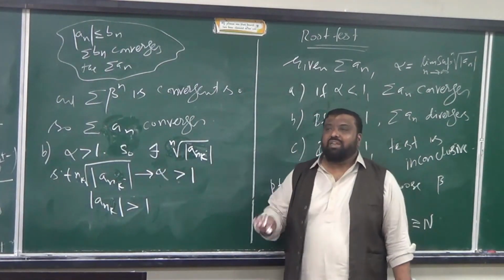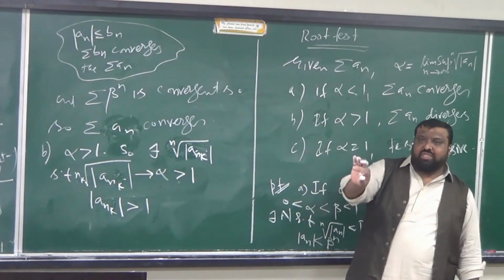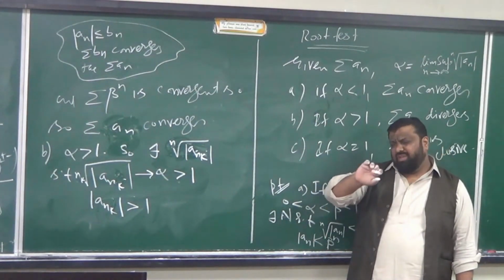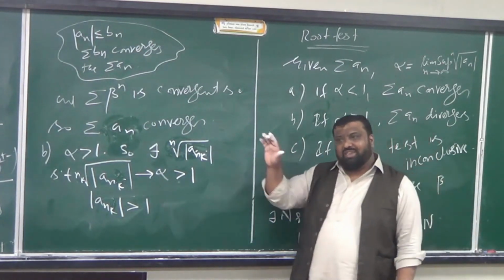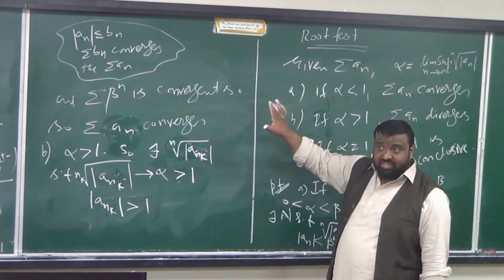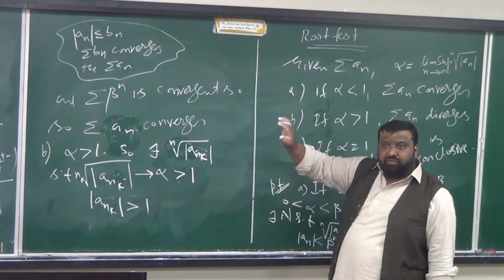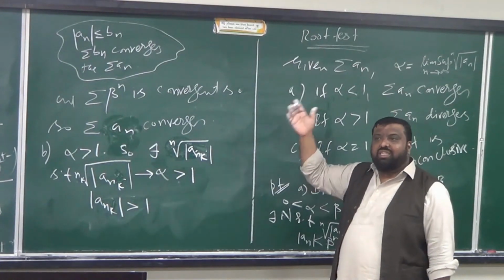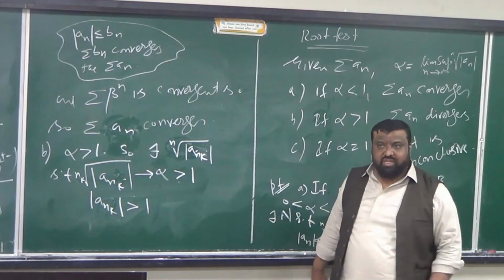Because what does the comparison test say actually? Roughly, it says that if your given series is smaller than a convergent series, then your series is going to converge. But if your series is bigger than a series which is divergent, then your series is going to diverge.